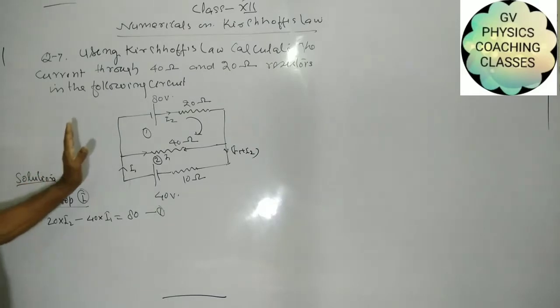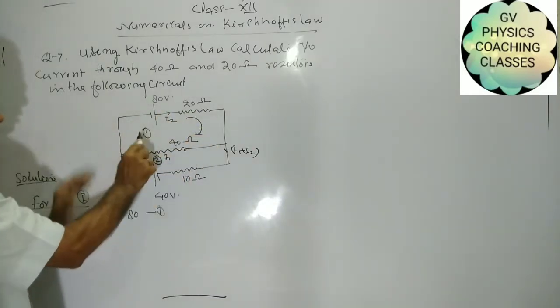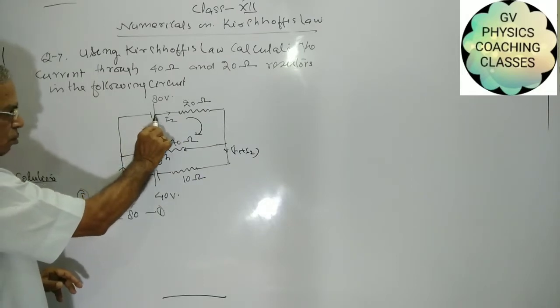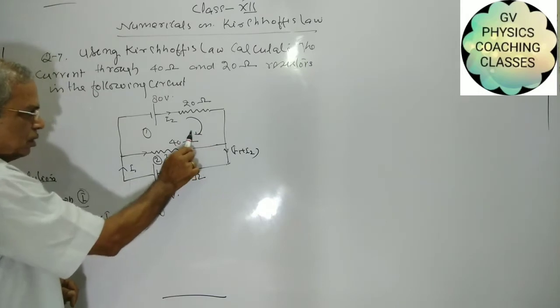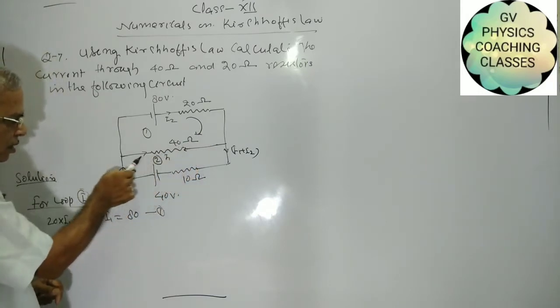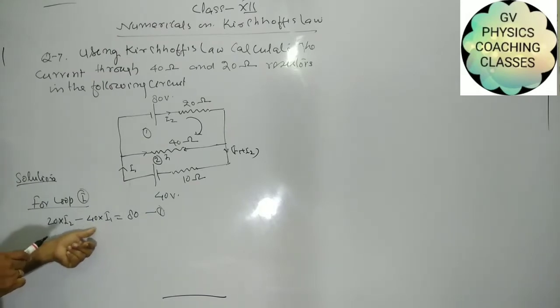Again see, we consider this loop as the first. The current starts from the positive terminal, so this direction is taken positive, and against this direction the current I2 is coming. The product of the current and the resistance gives the voltage, so this is taken as negative.